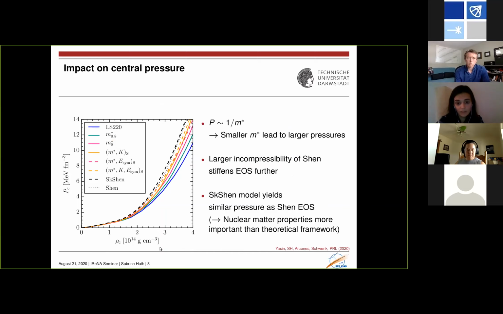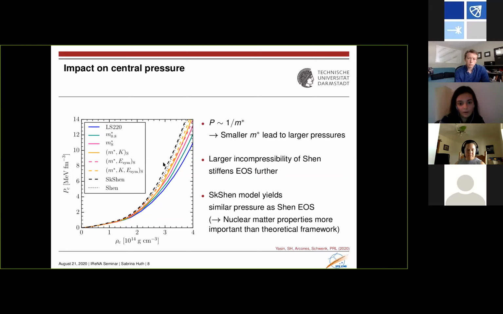In general, the pressure is inversely related to the effective mass. This means if we lower the effective mass here from the LS EOS to m star 0.8 or m star Shen, then the pressure will be increased. And similarly, if you use a larger incompressibility of the Shen EOS or also a larger symmetry energy, then you further increase your pressure.